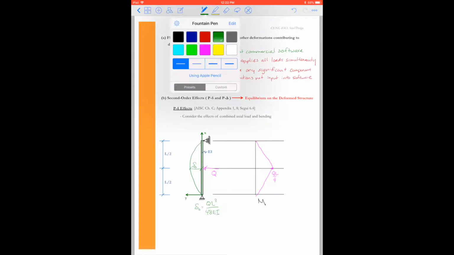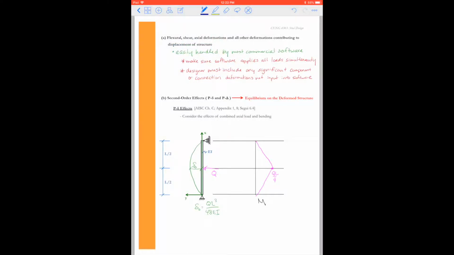But now what happens if we apply a vertical load P to the column? Well, if we apply the load to the deformed structure, so we already have this deformation, delta 0, then at the middle here, if we did equilibrium, we would see we pick up an additional moment.